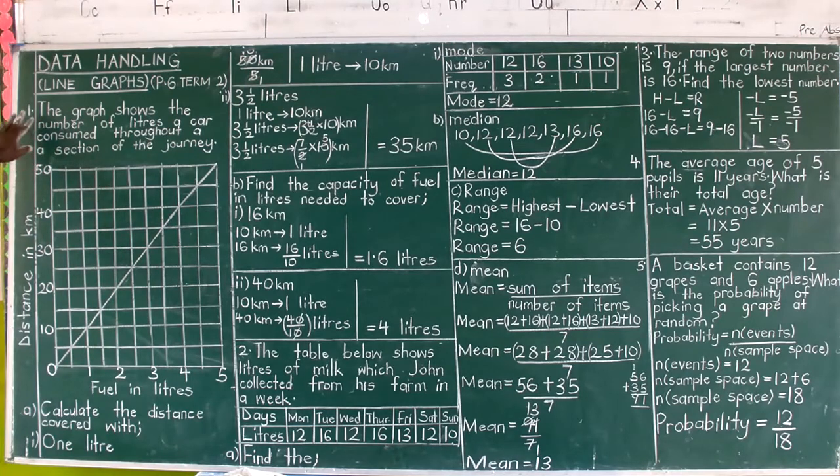It reads: the graph below shows the number of liters a car consumes throughout a section of a journey. Study it carefully and answer the questions that follow.